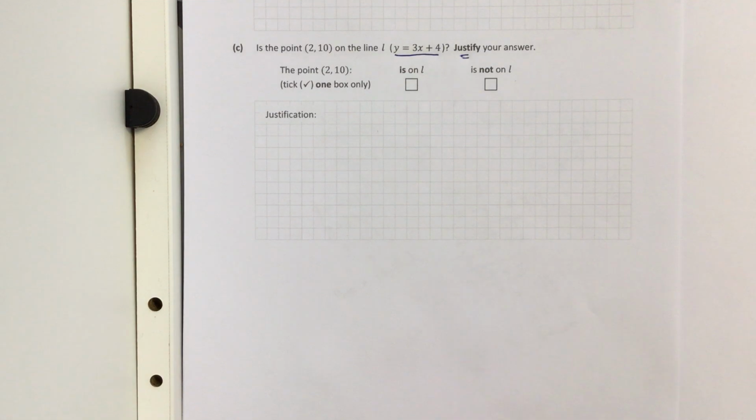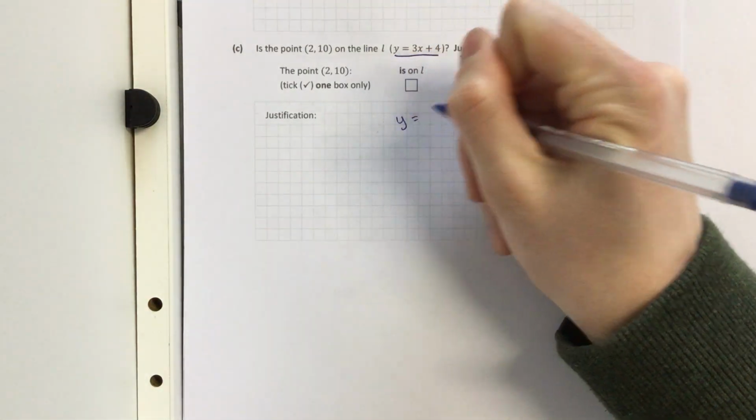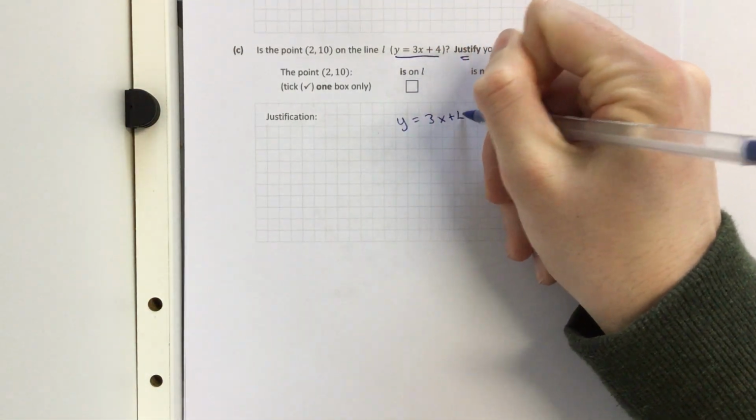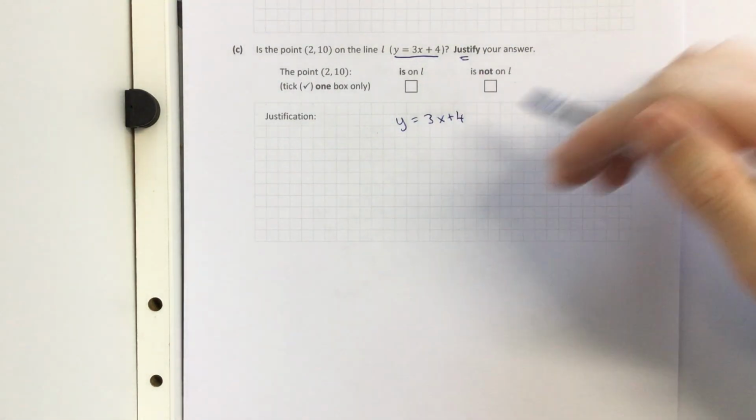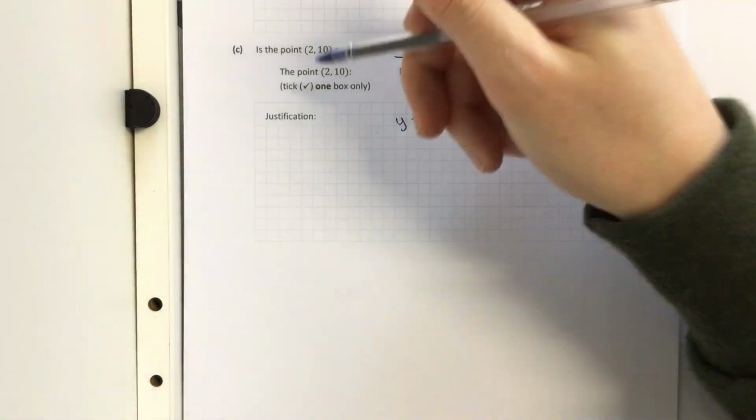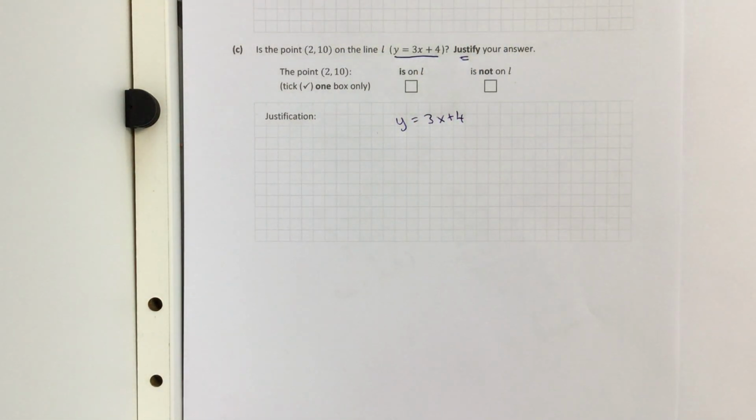Now to justify your answer, we're going to use maths. So I'm going to write out this equation, y equals 3x plus 4. Now, they're basically testing how well we understand this whole topic area. It says the point 2, 10, is it on the line or is it not on the line?